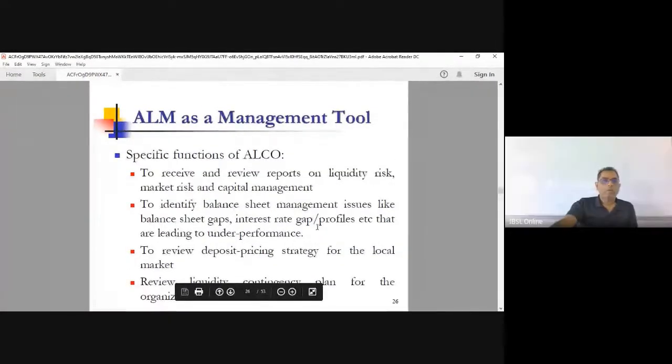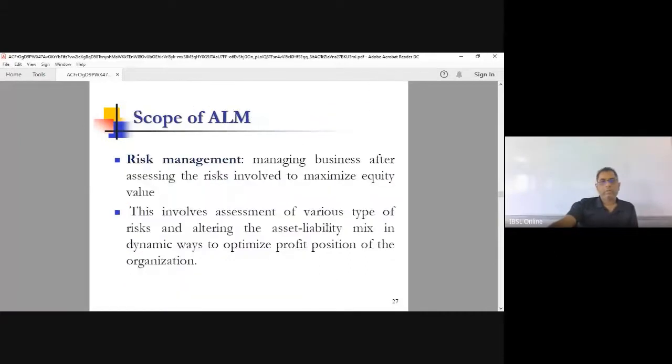Okay, so I'll go to the next slide, 27. So basically, like I said, risk management. What is the scope? Now we discuss what kind of information they have, what they look at. So one of the broad scopes is risk management.